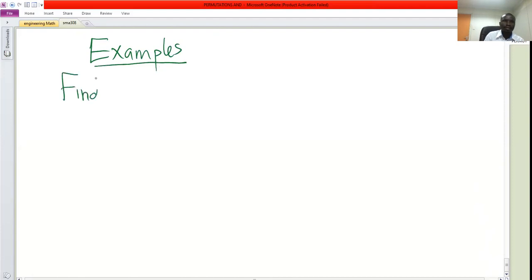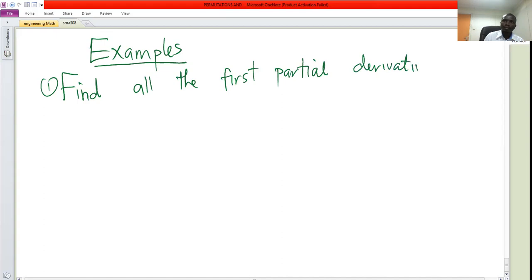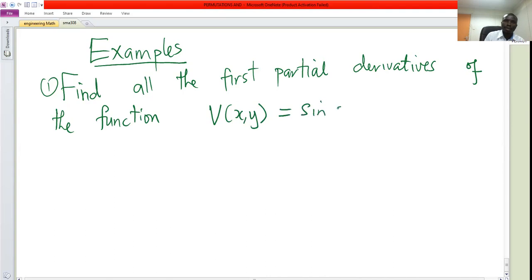Find all the first partial derivatives of the function v of x, y equals sine of xy.